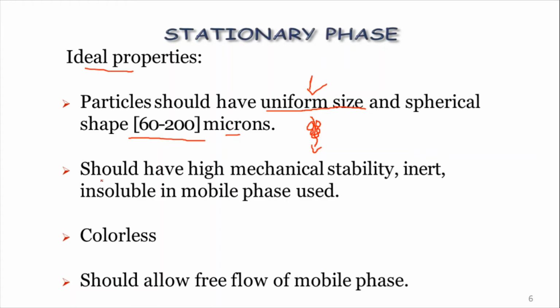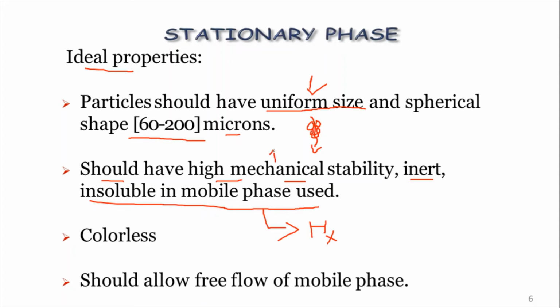The stationary phase should be mechanically stable. One more property, it should be inert and insoluble in the mobile phase. Mechanically stable, inert, and insoluble in the mobile phase. Suppose you choose a stationary phase that is soluble in the mobile phase, we never attain the separation.